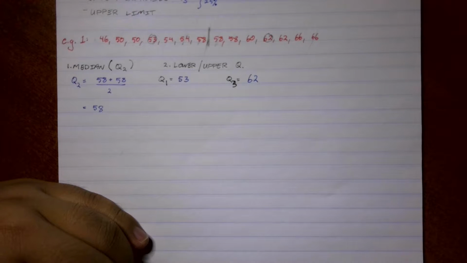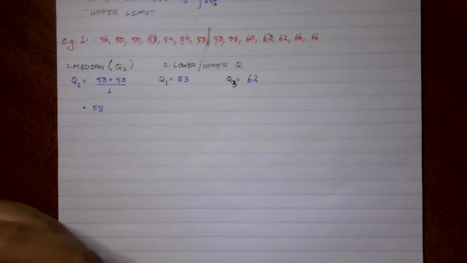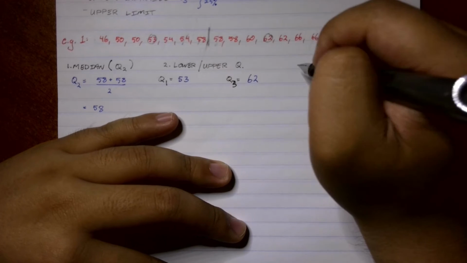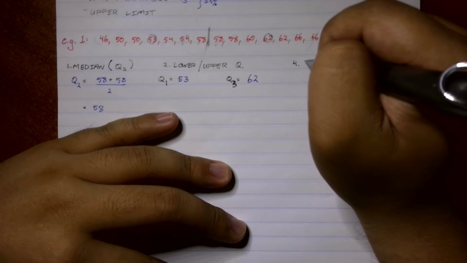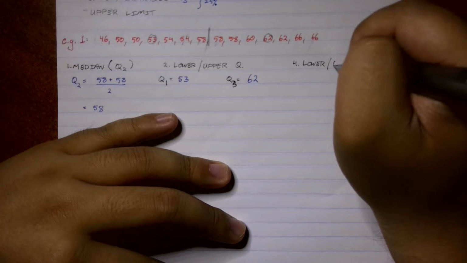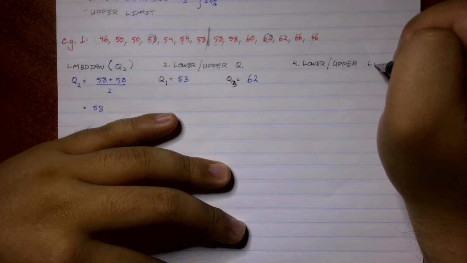Now to calculate the lower and upper limit, it's going to look a little bit funny here because from 2 I'm going to skip to 4. We need to calculate first the lower and upper limit.